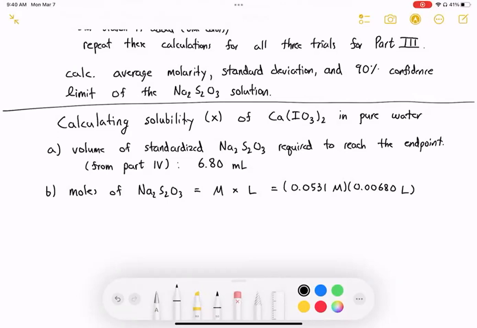Going to our calculator, 0.0531 times 0.00680 is about 0.00361 moles sodium thiosulfate.